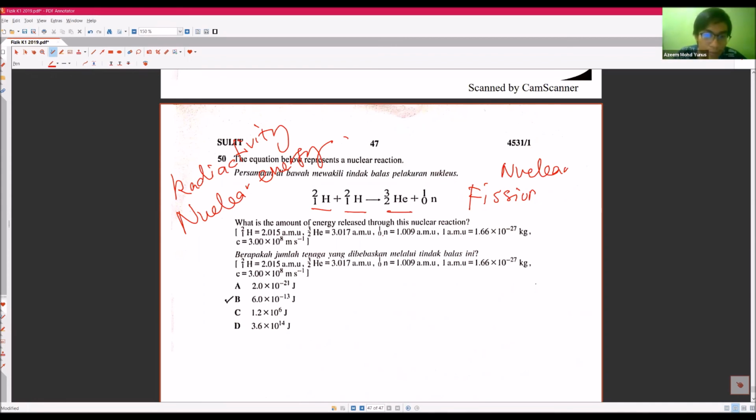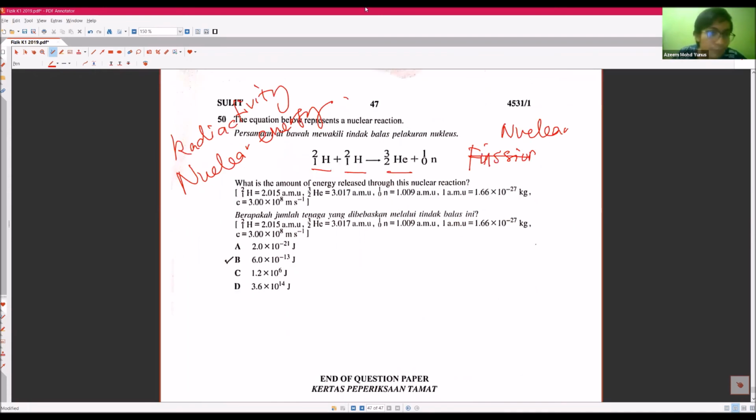What is the amount of energy released? Oh no, fission is the heavier nucleus splitting into lighter nuclei. So this is fusion. Fuse together. So what is the amount of energy released through this reaction?